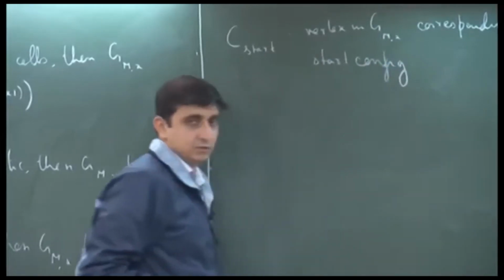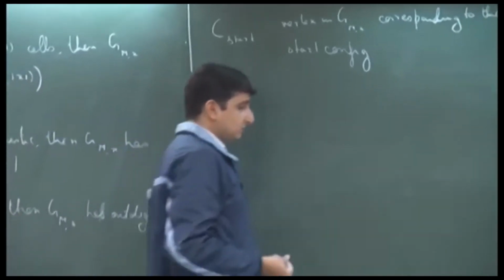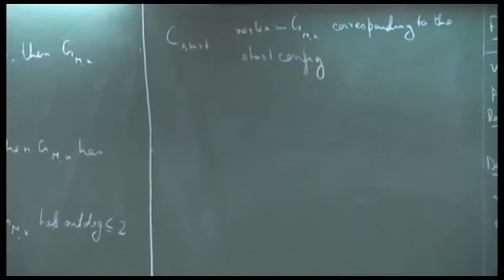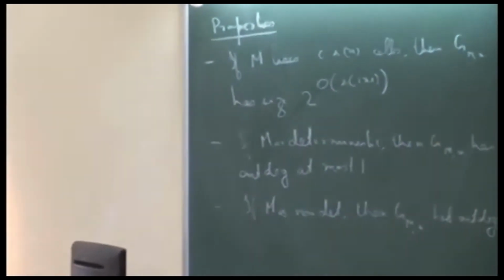Okay. Again, we can assume without loss of generality that the machine has only one accepting state. But note that it can have many accepting configurations.